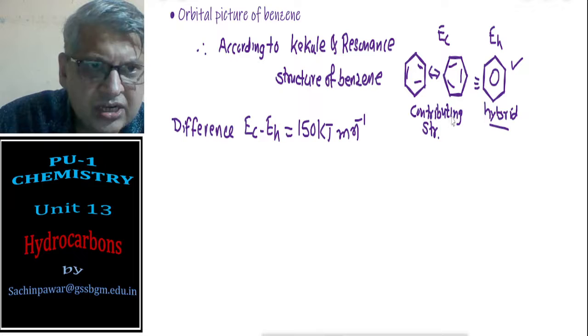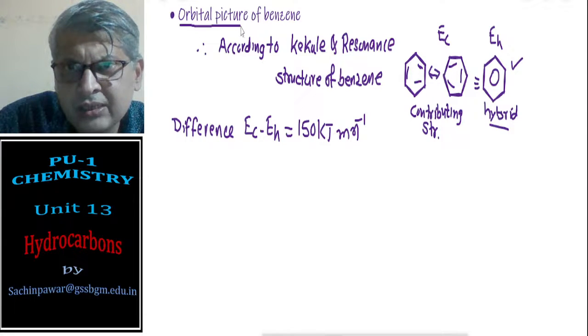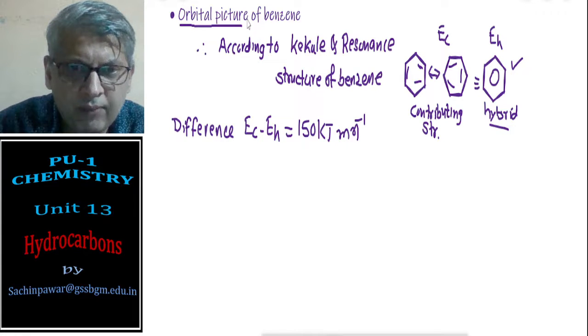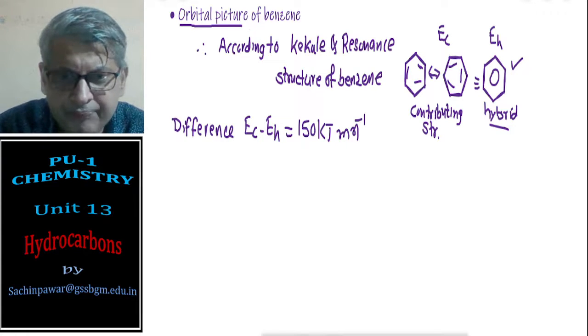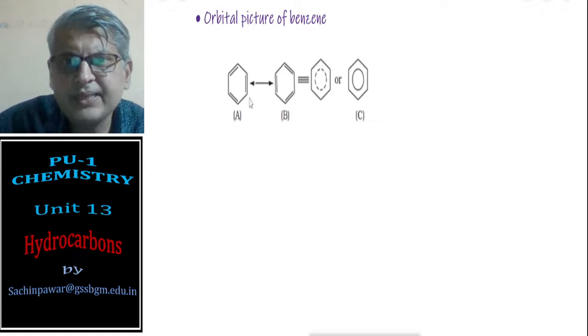Now how these structures are arrived at can be explained using the orbital picture that you have learnt in chemical bonding, and that we are going to use. So before that I will just clean the screen. So, the orbital picture of benzene we shall see.